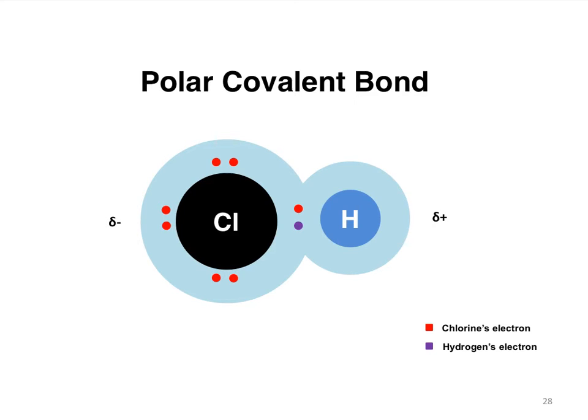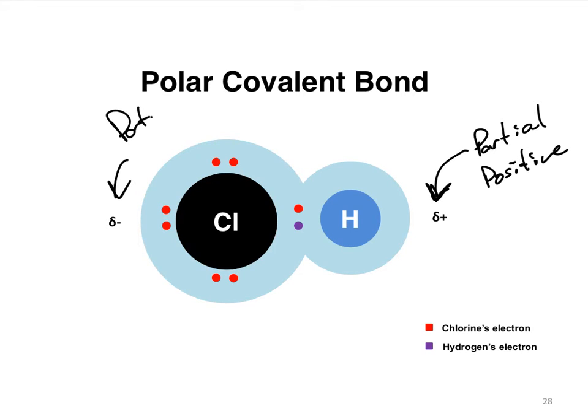So this is a partial charge. So this is a partial positive charge. And this is a partial negative charge. Well, why is it partial though? How can you have it partial?